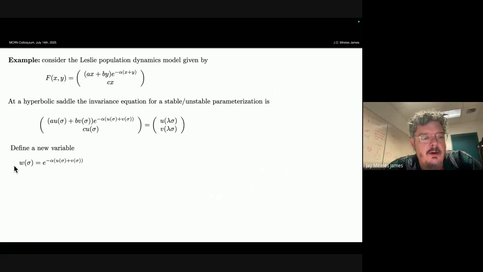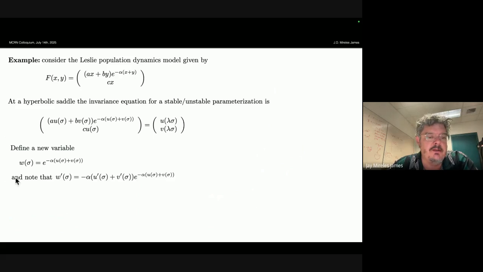So once we write down that w is going to be this e to the minus alpha u plus v, then we can differentiate w and apply the chain rule. We see that we get this expression. But now this exponential term out here is just w again. So we really have that w solves this differential equation right here.